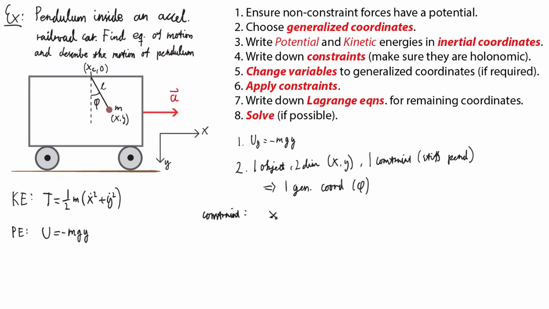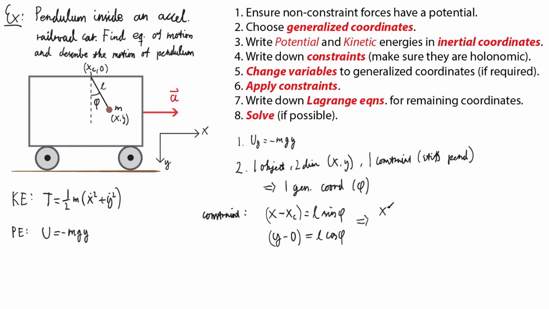So what does that say? Well, x minus xc has to be equal to L sine phi, and y minus 0, because I'm taking 0 to be the top of the ceiling here, is going to be L cosine phi.